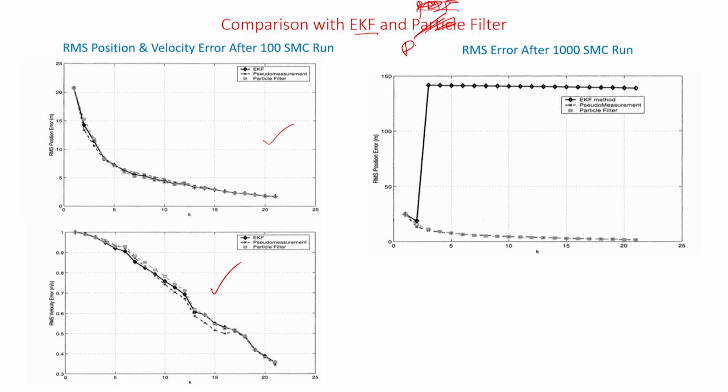We are comparing EKF and the pseudo measurement filter. With 100 Monte Carlo runs, we can see that EKF and pseudo measurement are tracking each other, with almost similar, not very different results.